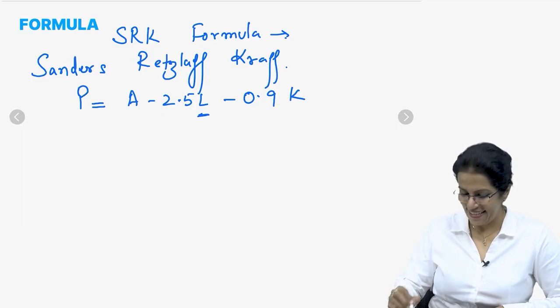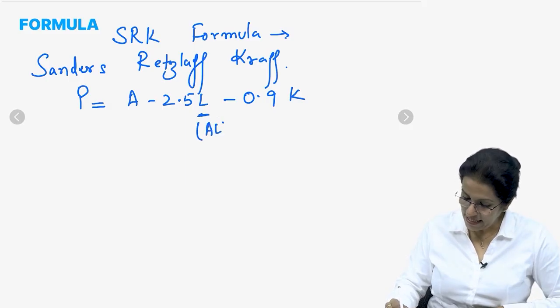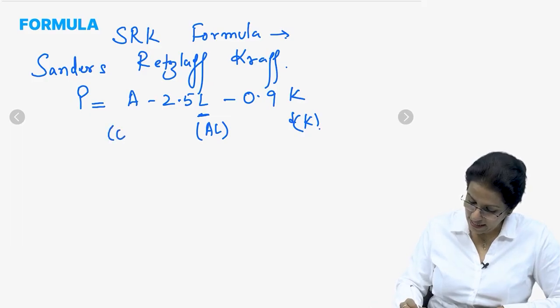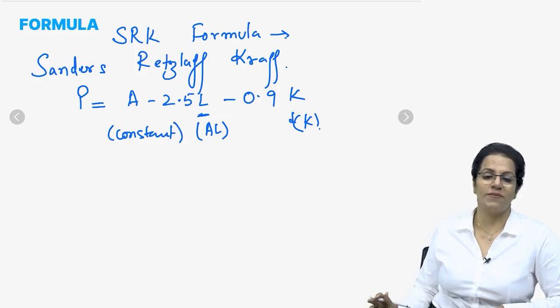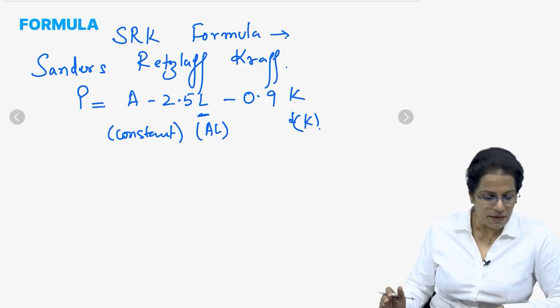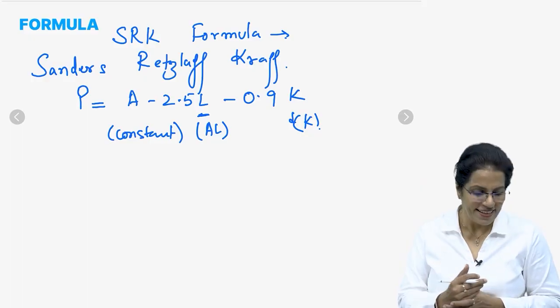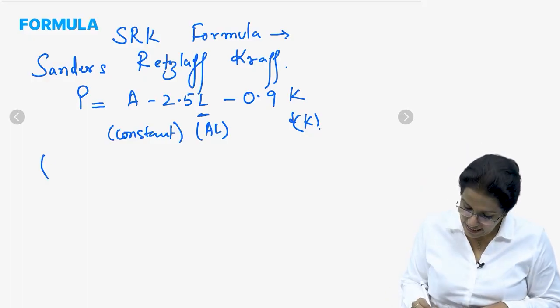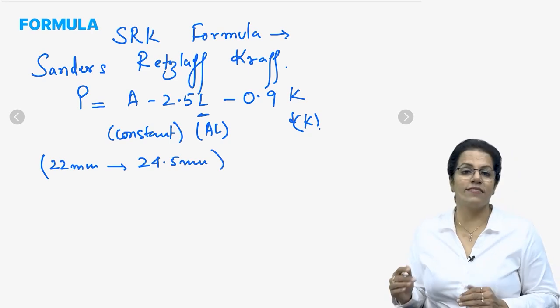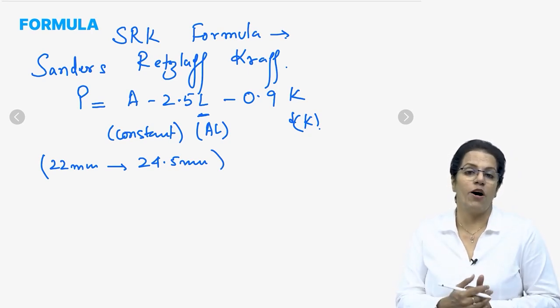A is not the axial length. It is the L which is the axial length. K is the keratometry reading. What is A? It is a constant. It depends upon the surgeon, the IOL and so on. Please remember that. But this SRK formula is most reliable when your axial length is anything from 22 millimeters to 24.5 millimeters. Longer and shorter, we need some other options.